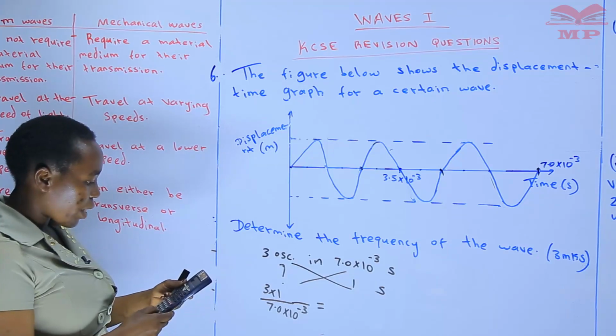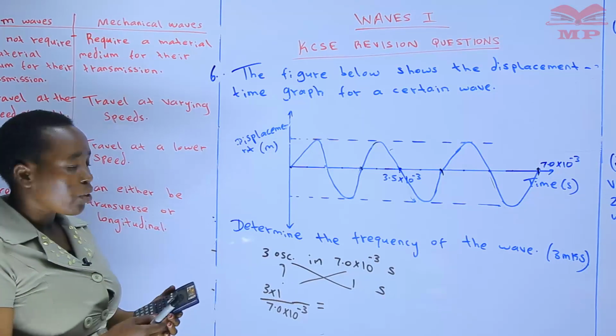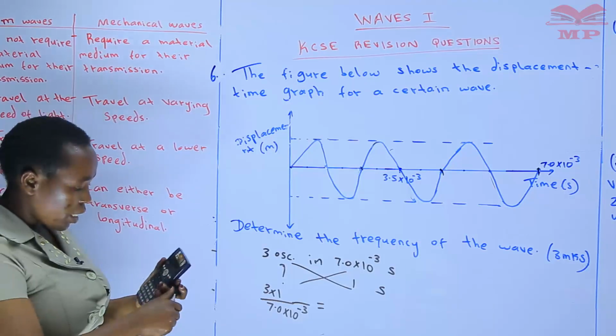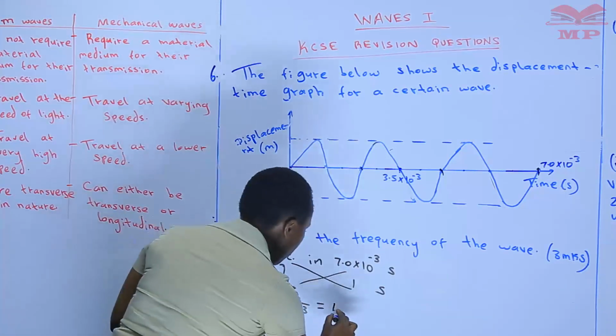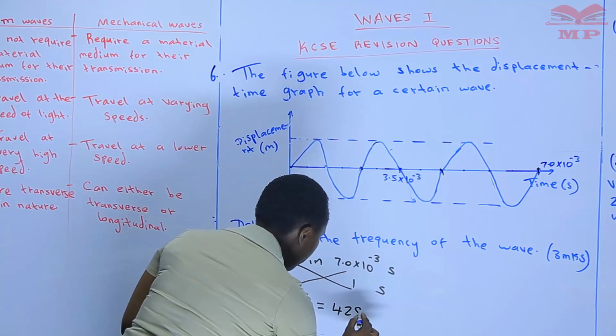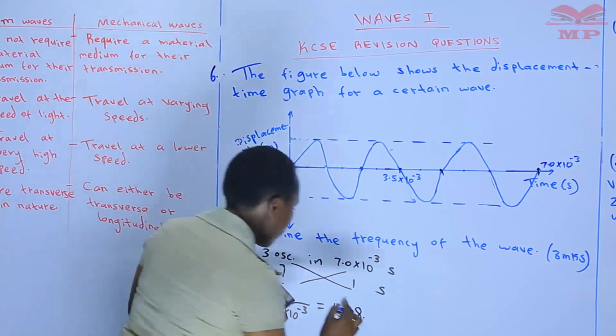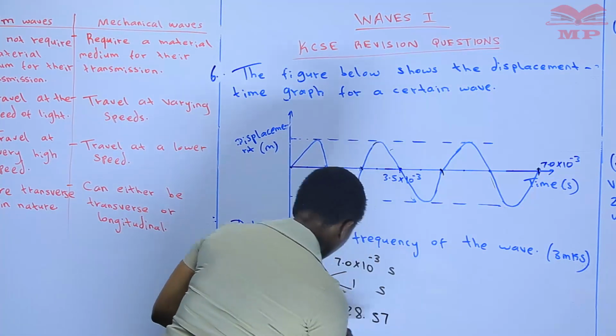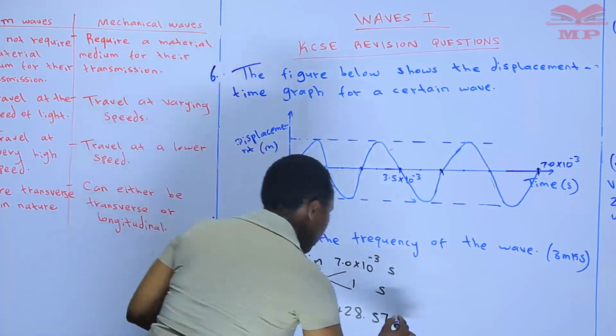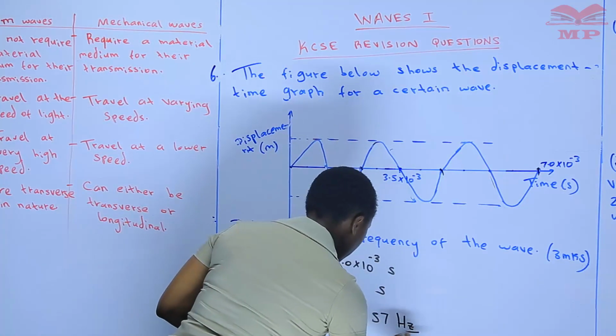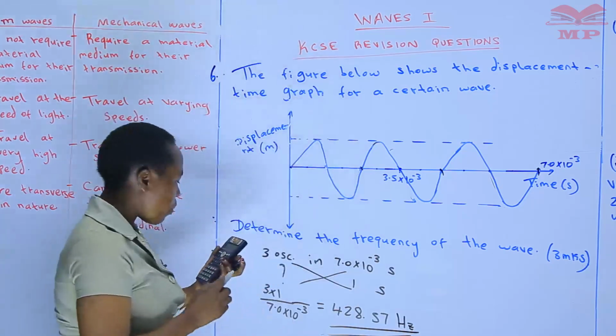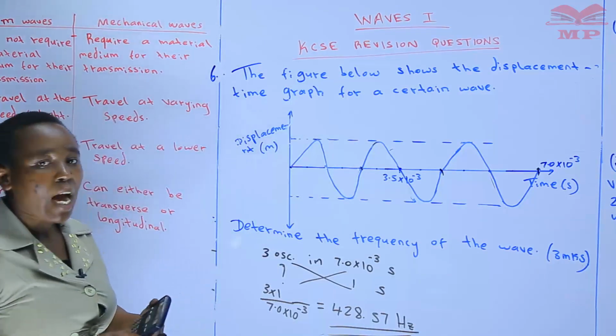So what do you end up getting? We can write it to 2 decimal places. So we are going to have 428.57, and this is frequency. So it is 428.57 hertz.